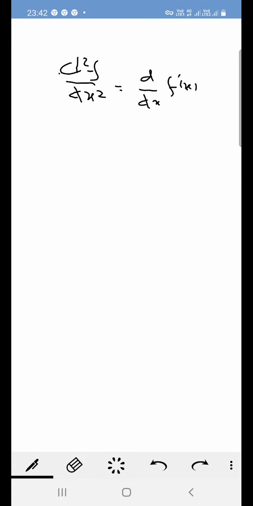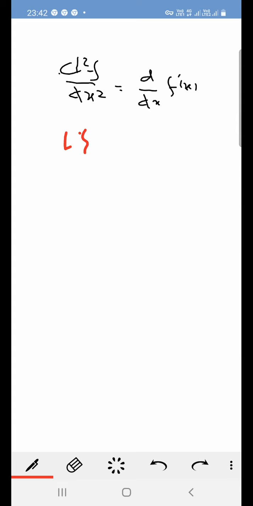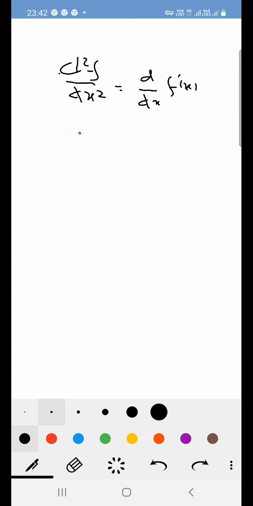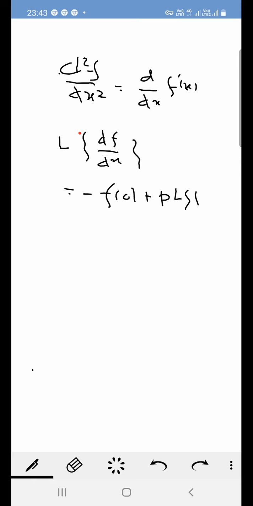We intend to use the relationship that we recently derived, that is the Laplace transform of df by dx is equal to minus f(0) plus p into the Laplace transform of f(x).